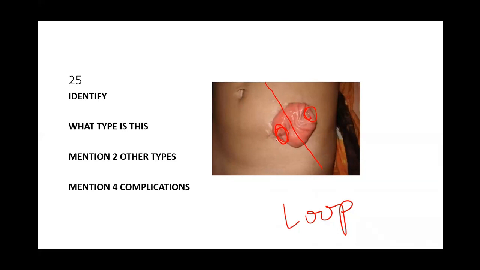So the complications could be related to the stoma itself or the surrounding skin. So there could be prolapse, yes, sir. There could be retraction. There could be stenosis. There could be paracolostomy hernia. There could be skin excoriation, yes, sir.